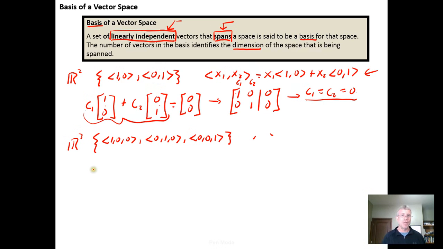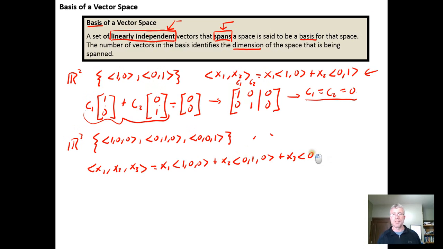Grab that arbitrary vector out of the vector space, and it's easy to show that this vector can be written as a linear combination of these three vectors this way: x sub 1 times (1, 0, 0), plus x sub 2 times (0, 1, 0), plus x sub 3 times (0, 0, 1). So clearly any arbitrary vector in R3 is a linear combination of the three vectors in this set.